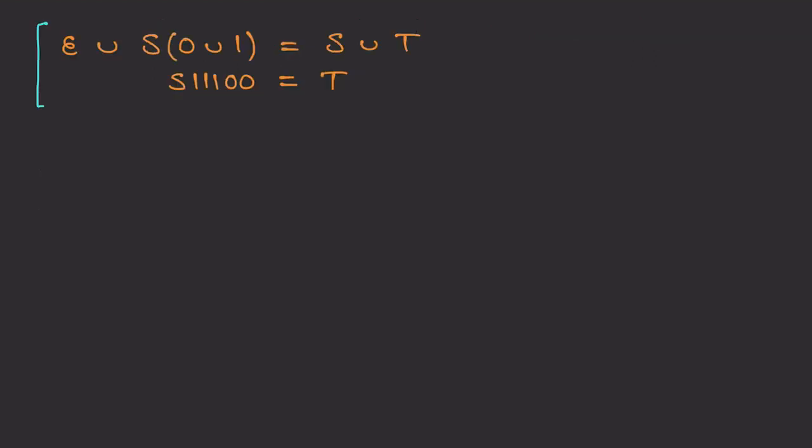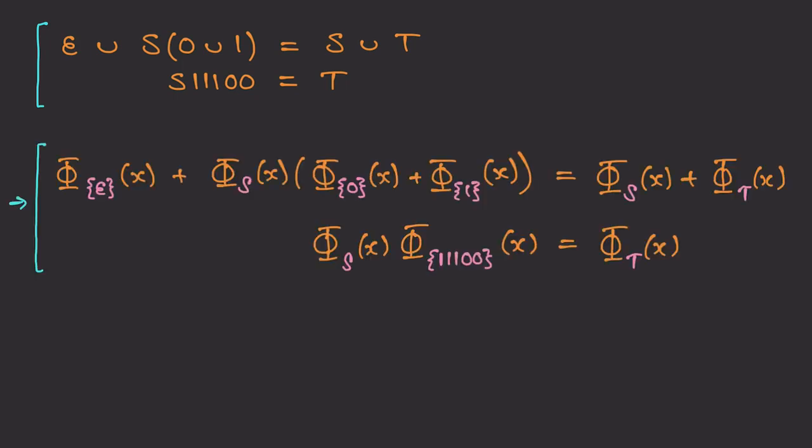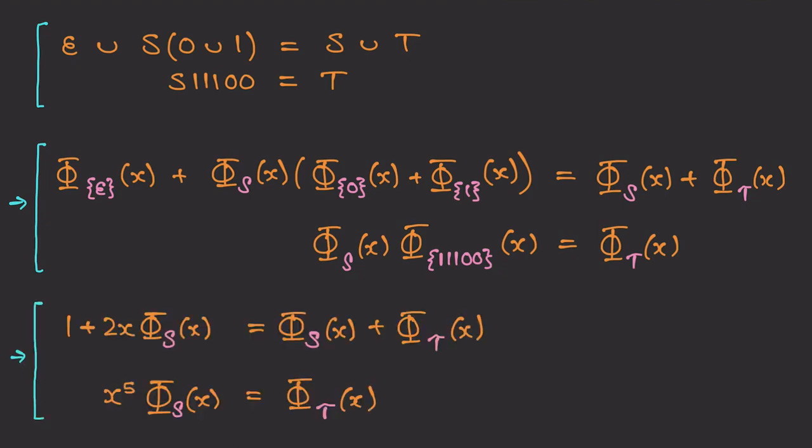Applying the exact same rules as last time, but this time to both of these equations, we can simplify to get two equations that describe the generating series for S and T in terms of rational functions. We're going to solve these equations to figure out phi S and phi T, so we have two simultaneous equations in two unknowns.